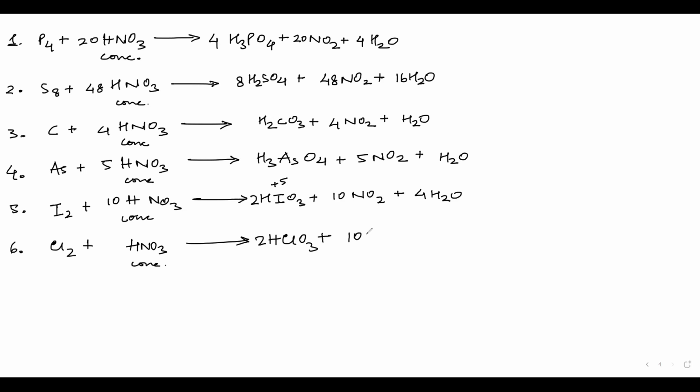Similarly, here also we will have 10 NO2 plus 4 H2O. Okay. Raise your hand when you are done. Write this fast. When I make it very clear that you don't have to write those reactions, please don't write those reactions. Because you won't be practicing the reaction at home. I know that. You have to practice here. Okay. Raise your hand when you are done, everyone.